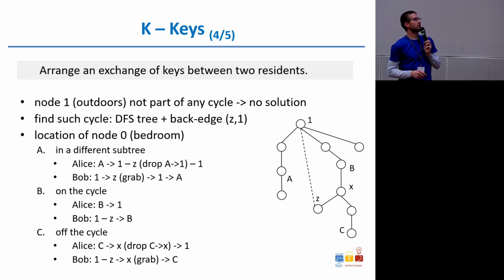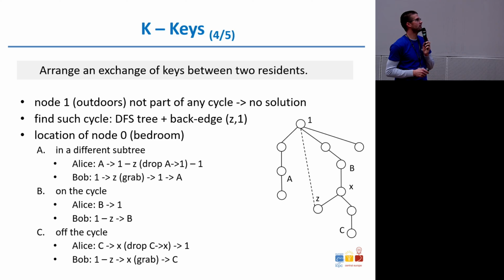So when Bob comes in, he'll take the other part of the cycle to get to Z, grab the keys, go back, and then he has the keys to travel this initial part as well, which he just recovered. So we have the first case.